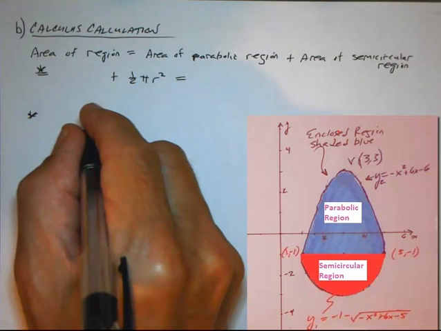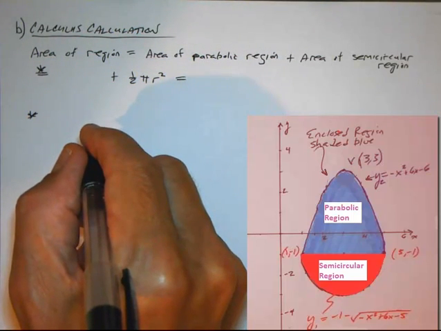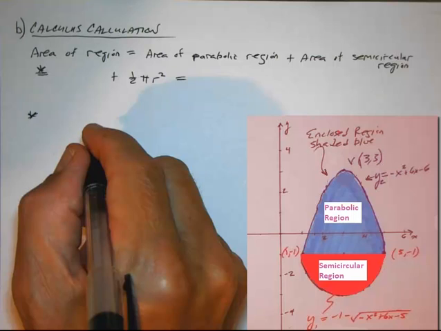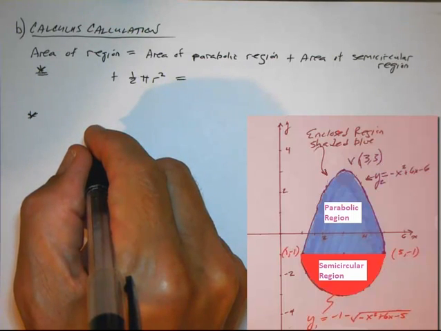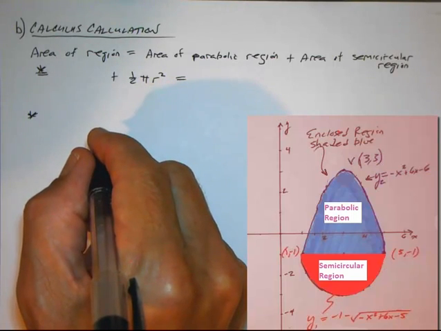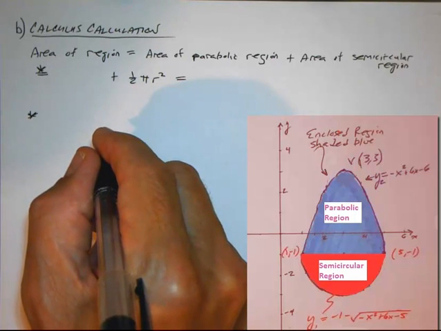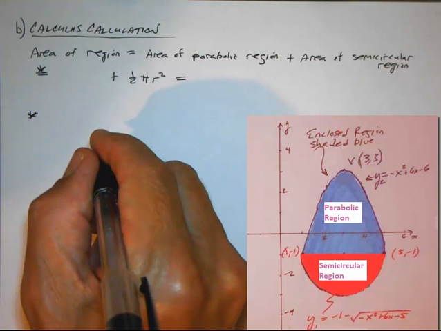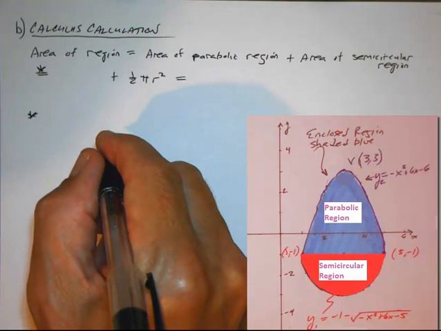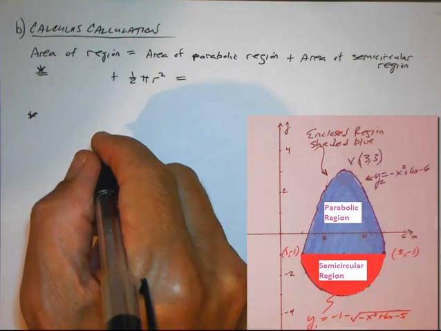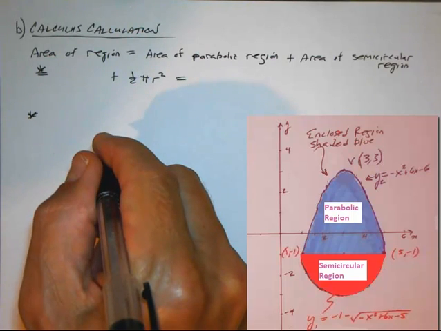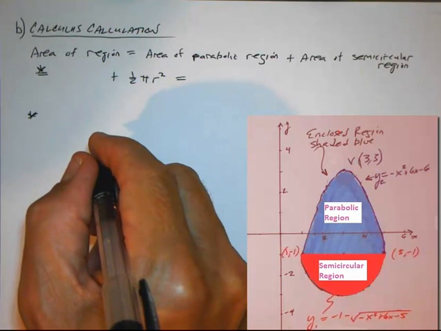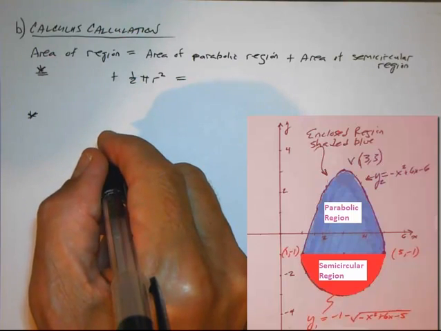Now, one thing about this parabolic region is that since the graph of y equals negative x squared plus 6x minus 6 is really a translation of y equals negative x squared, it makes it a very easy matter to translate this parabolic region to an easier location and compute it that way.